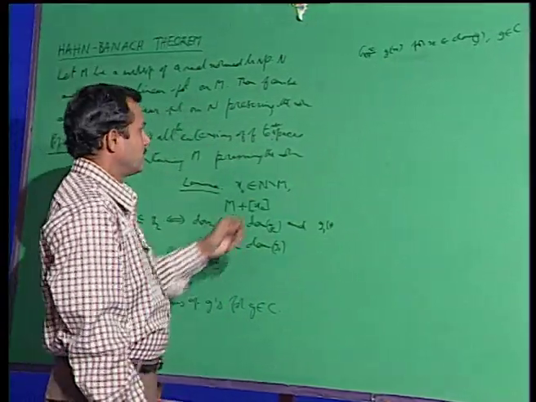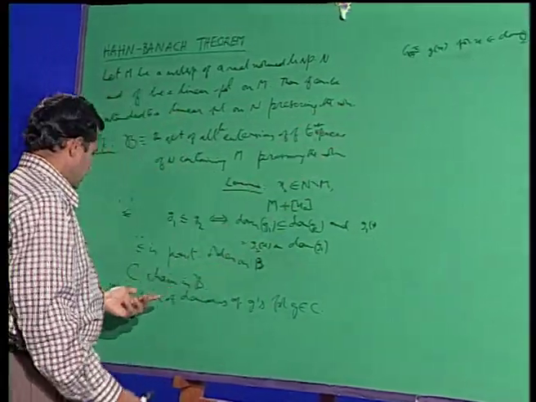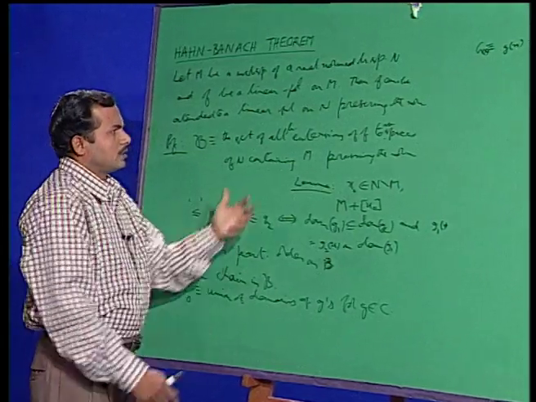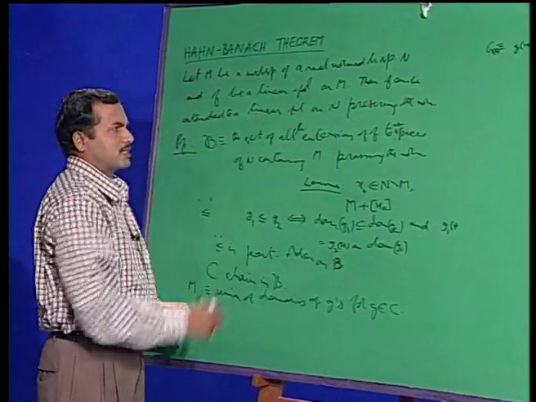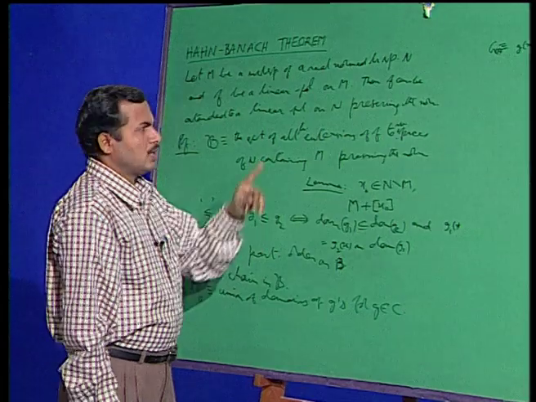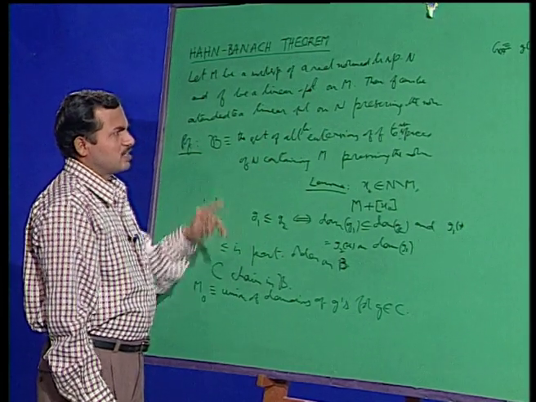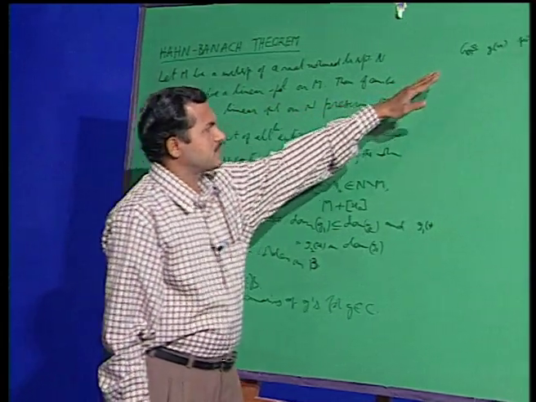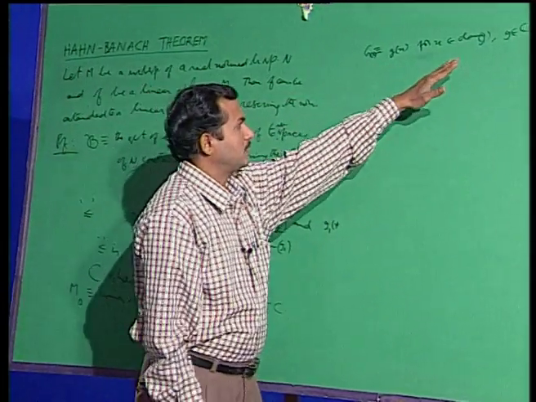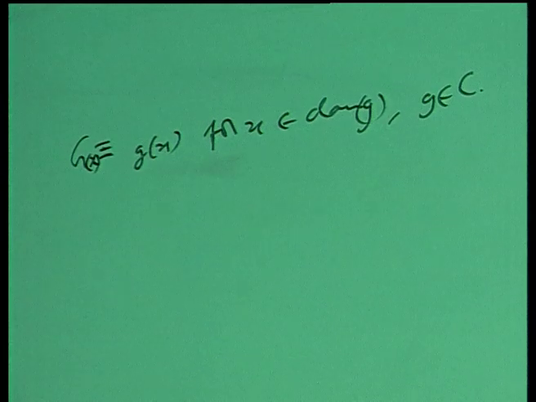One can see that on the set capital M0, the function capital G of x is well defined. Capital C is a chain. Therefore, one can verify that this function capital G is well defined on the set capital M0.